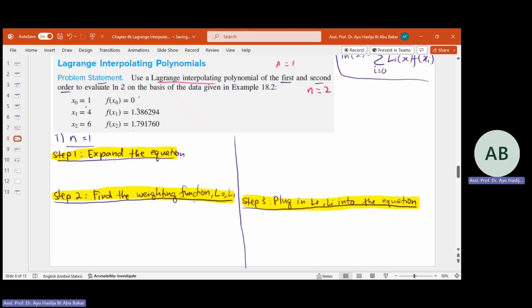So here you will have two sets of answers, f1 of x and f2 of x, to evaluate ln 2. So your x here is 2. Here it gives you the data points x0, x1, x2. Your x is in between these.